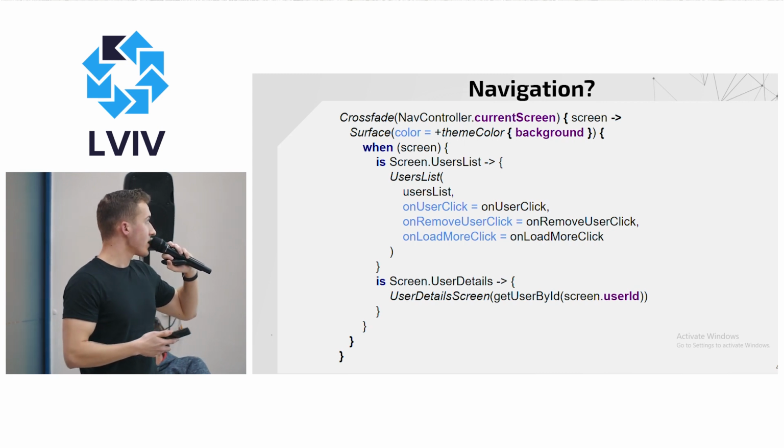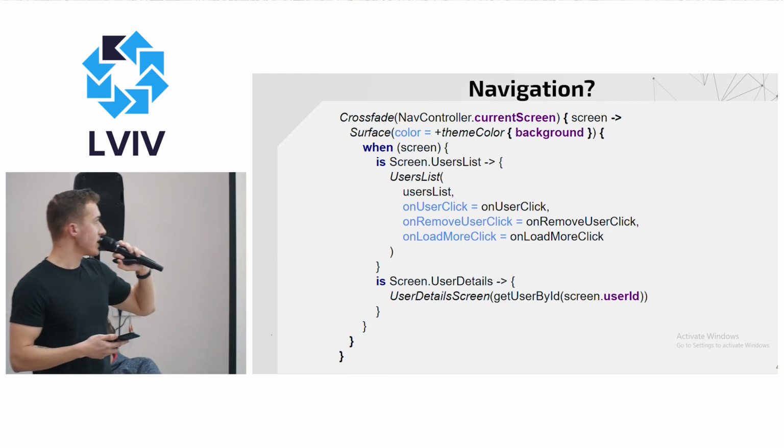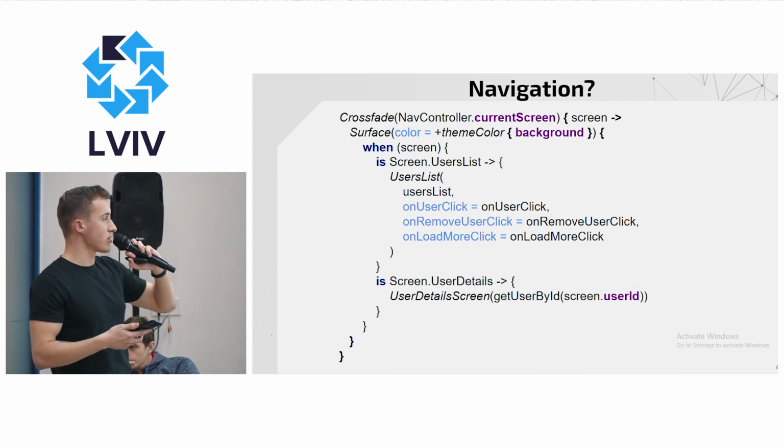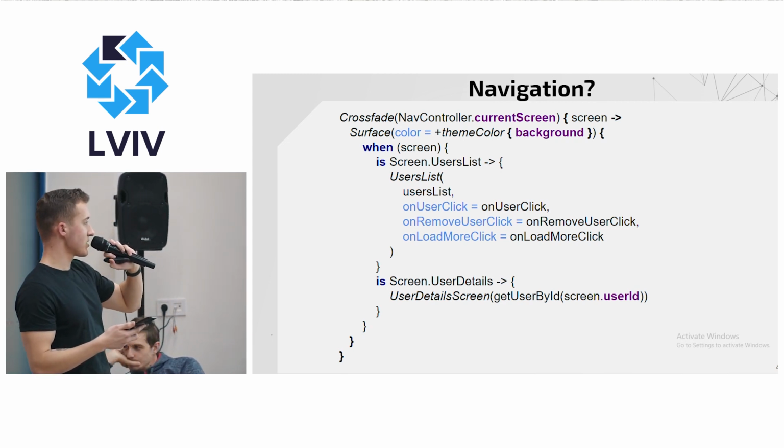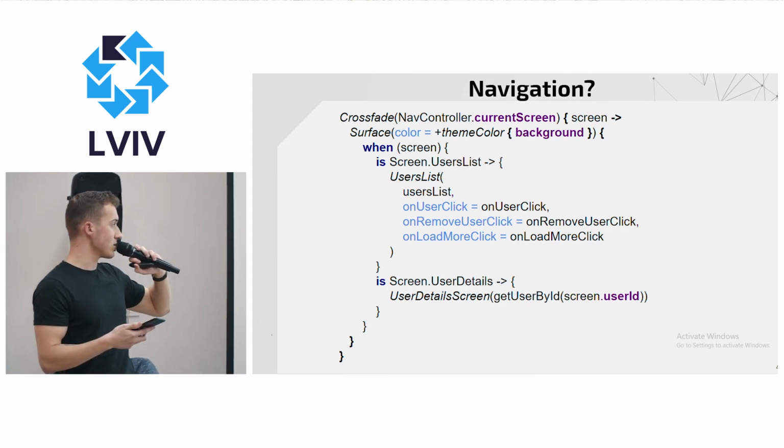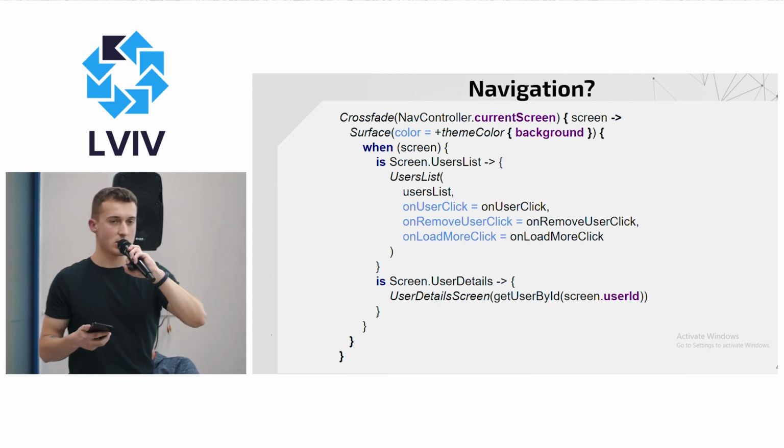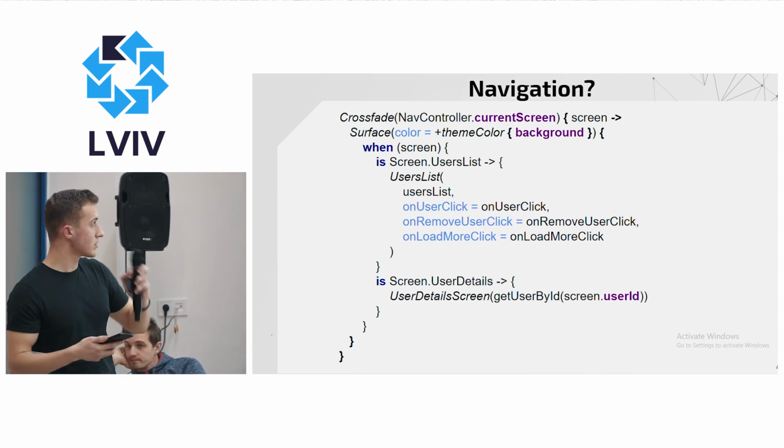So here we just check our screen, and if it's user list, we call the user list function. If it's user details, we call the user details function and pass the user in.